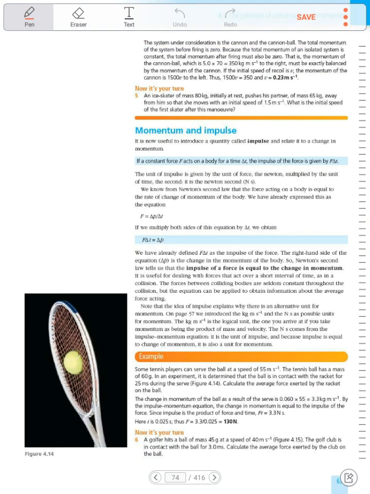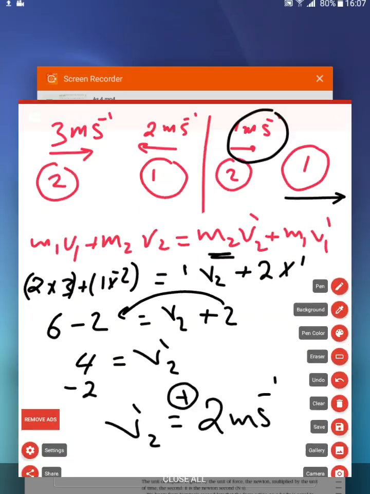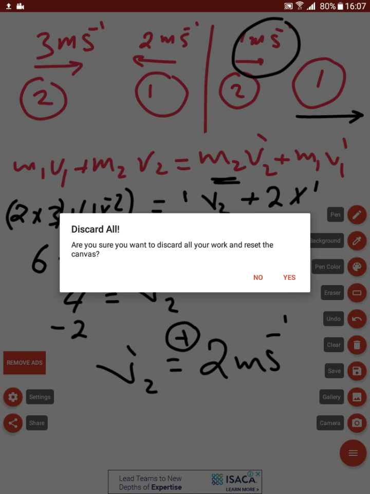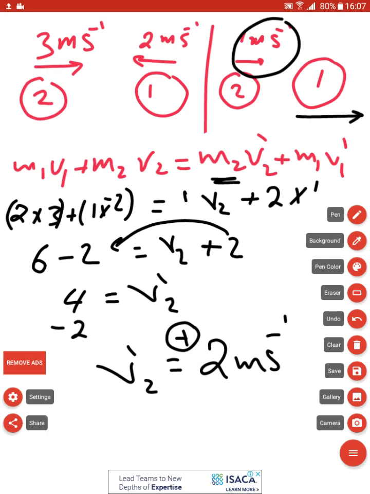Okay. In this way, we calculate the momentum before and after. We can calculate the kinetic energy, by the way. Let's try to find the kinetic energy before and after. Here, the speed is 2 meters per second.